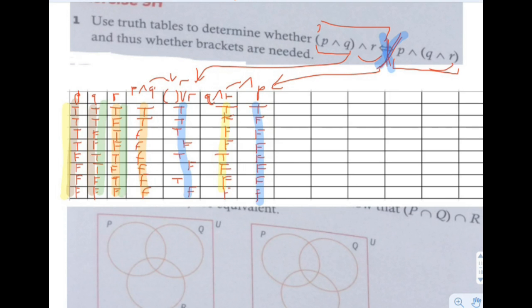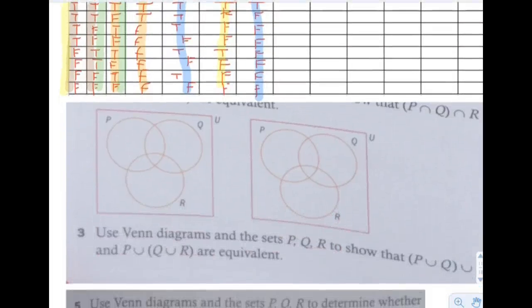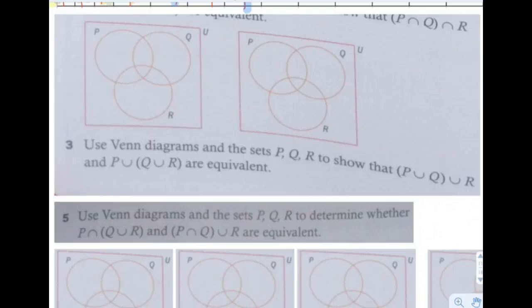And if these are not equivalent, then are brackets important? Yes, they are. Brackets are very important in logic, just like they are in math. Maybe even more so, because there are not so many cases where the order doesn't matter.